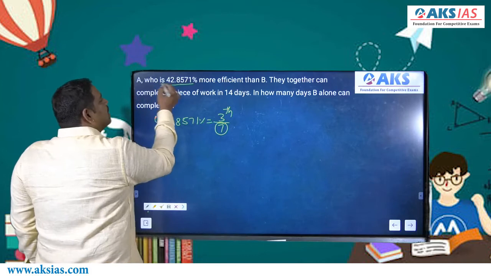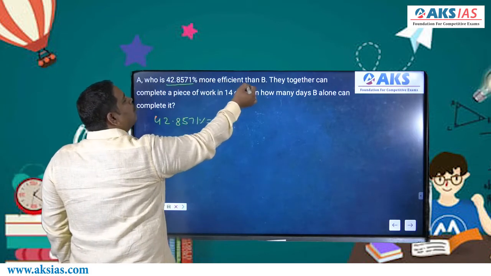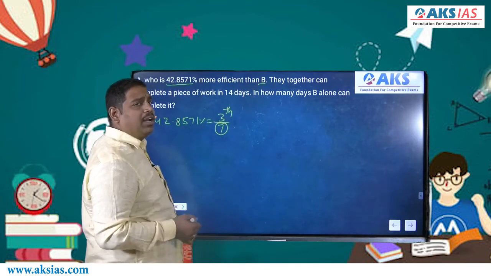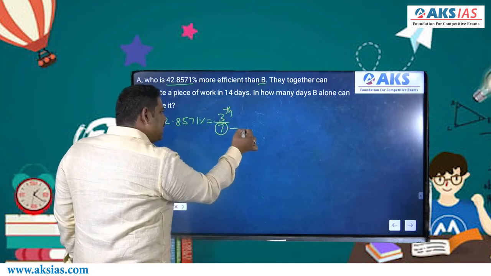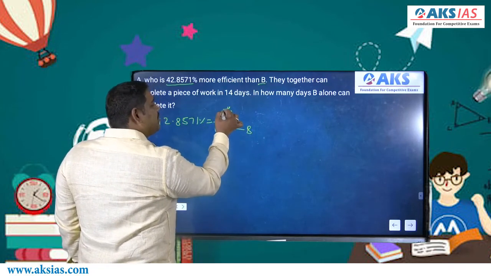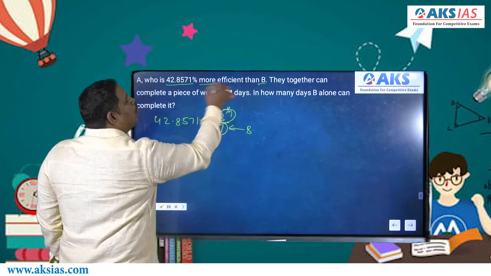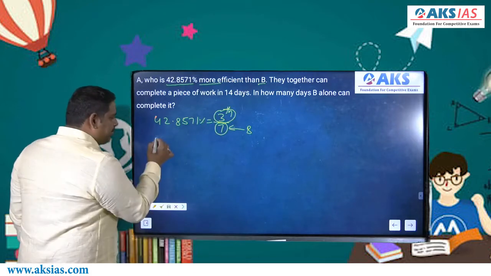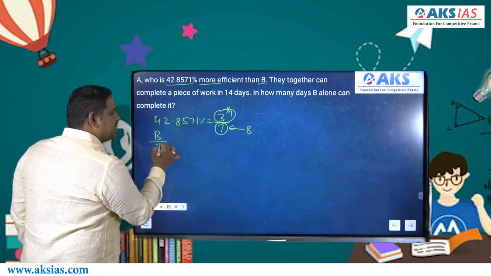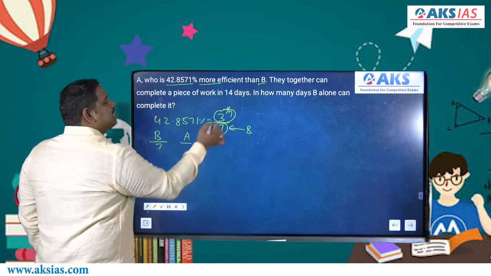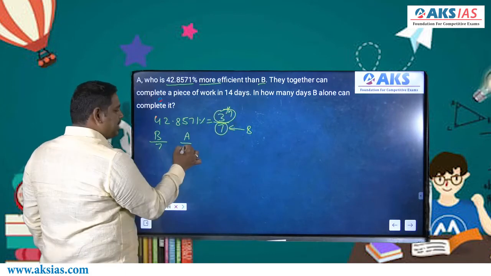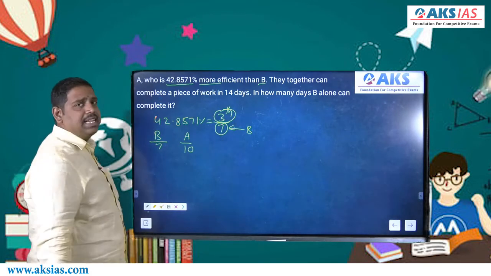So A is 42.857% more efficient than B. What does it mean? If B's efficiency is 7, A's efficiency is 3 more, that is 10. A's efficiency is 10.